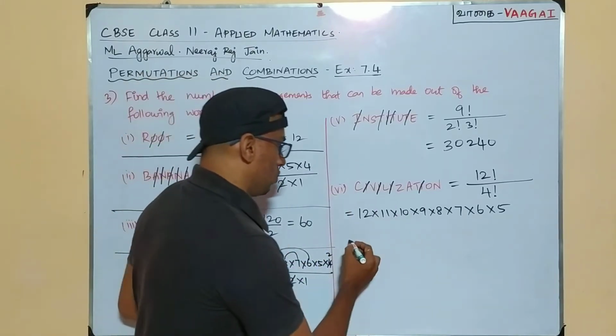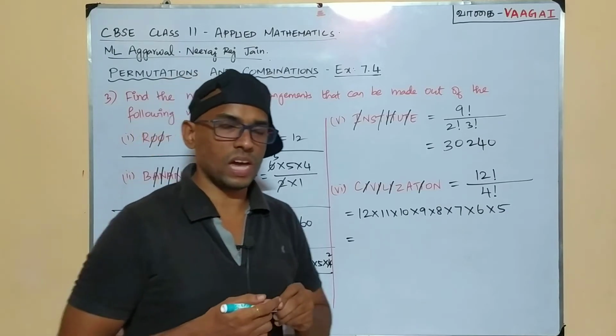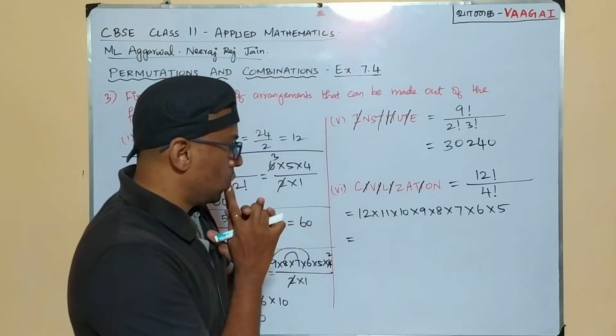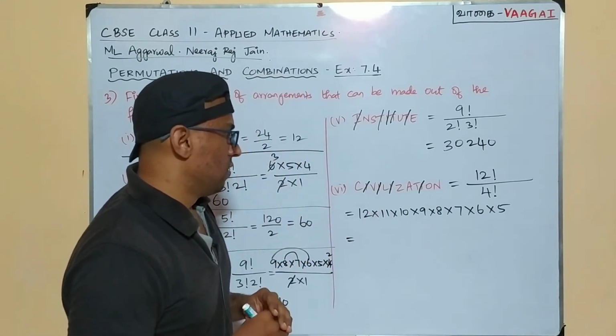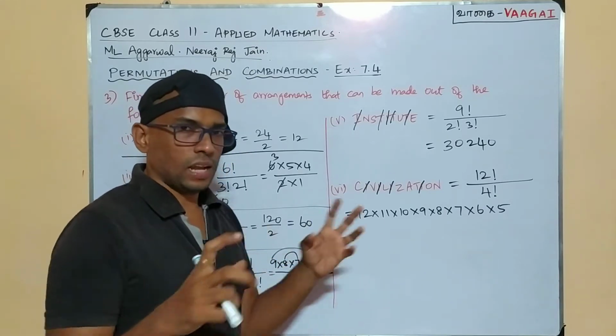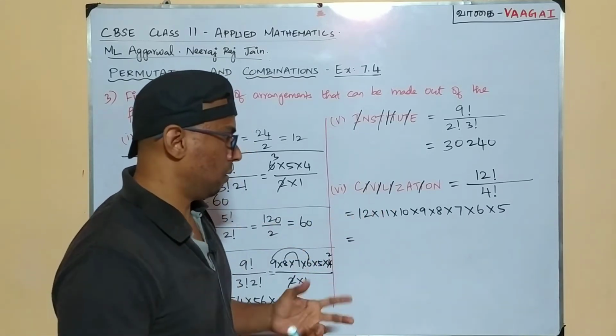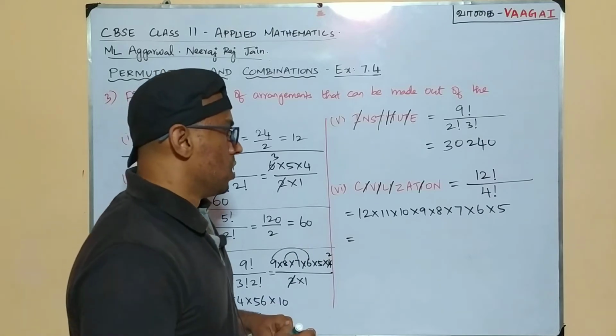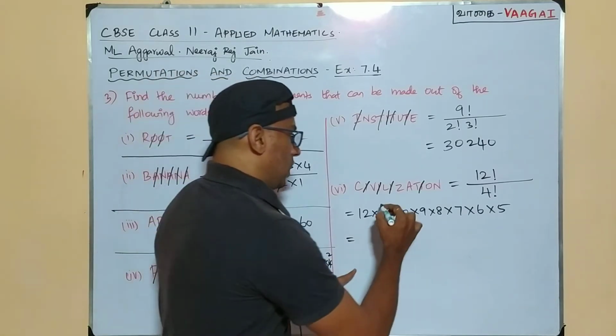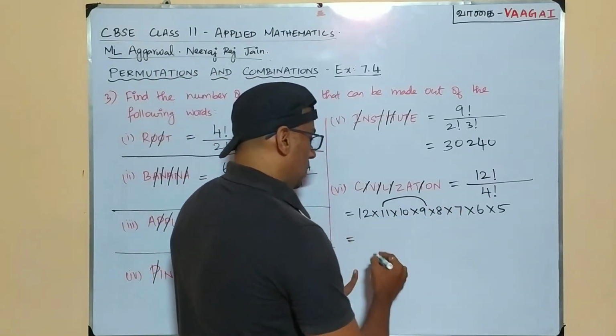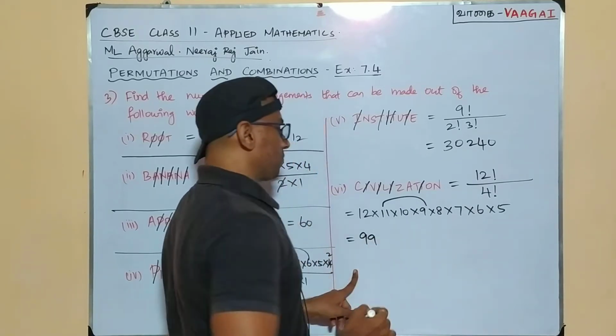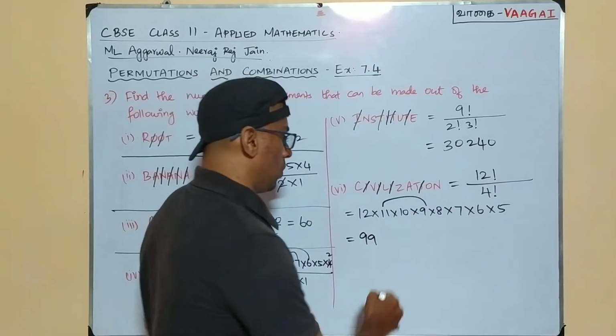Of course we do have big numbers, so we have to multiply carefully to get the answer. What can be done here is we'll group the numbers in a good possible way. First of all, I will take this 11 and 9: 11 nines are 99, done.